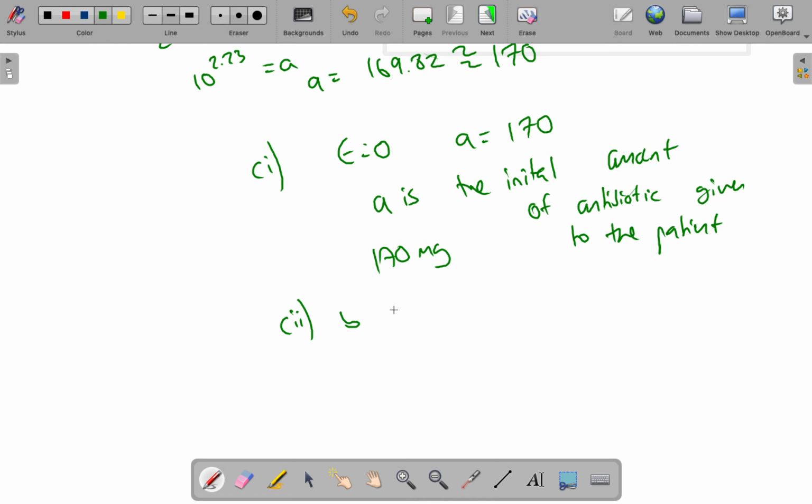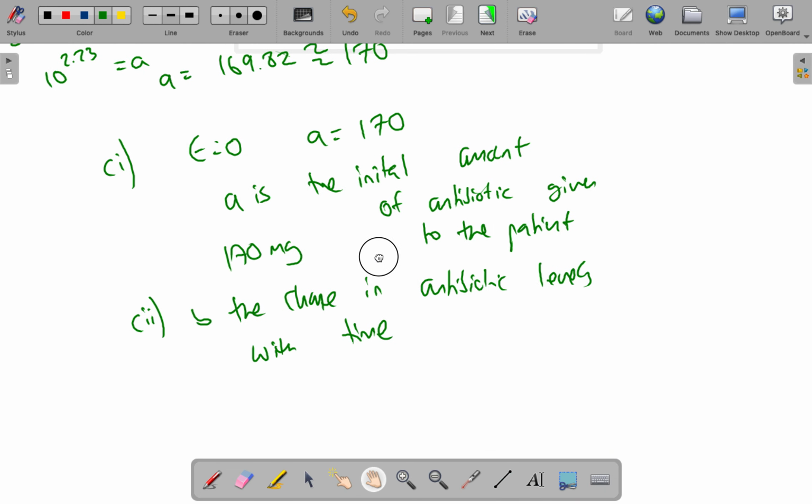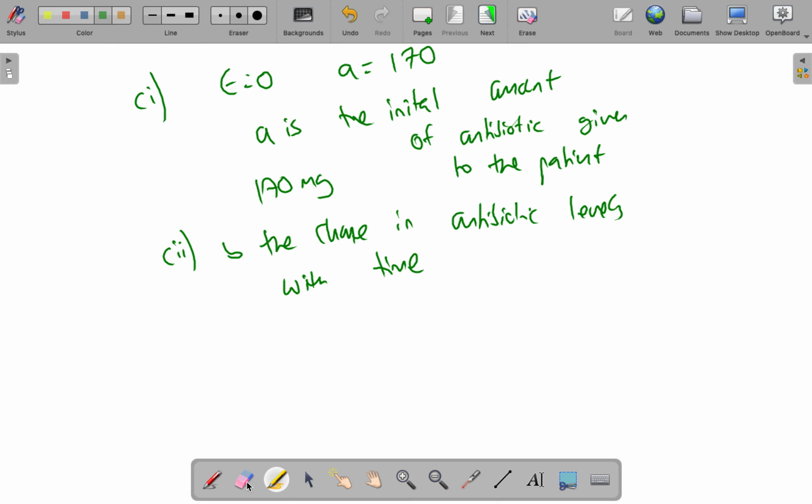So B gives you the change in antibiotic levels with time. Okay, and that finds your value here for this one. So therefore, or per hour. In fact, you should be a bit more precise. So for change in antibiotic per hour, because it's the gradient. So time is in hours, so it should be per hour if you want to be more precise.